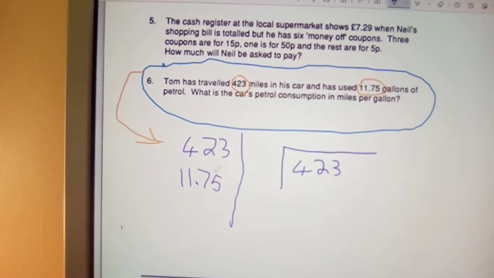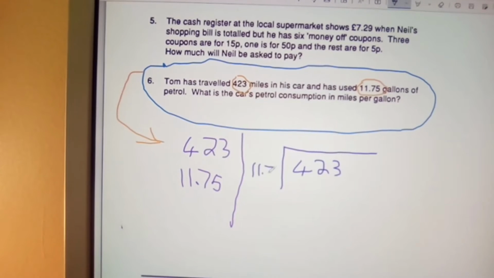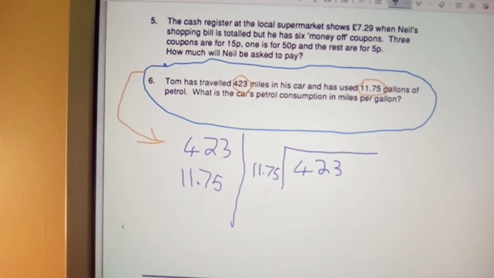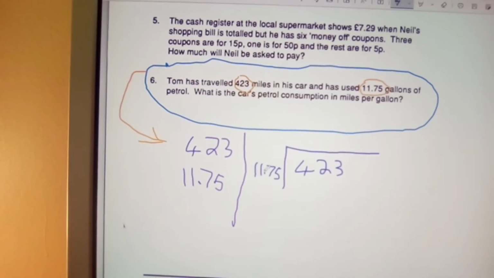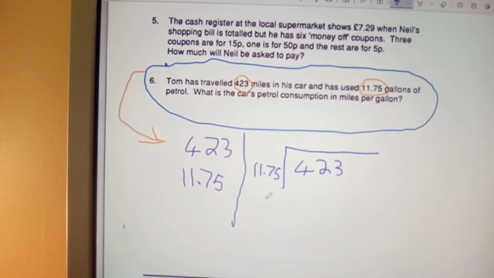If I move my decimal point two places to the right, I'm going to divide by 11.75. But you can't really divide by 11.75. It doesn't really work like that. So I've got to move my decimal point two places to the right, which brings this to 1,175.